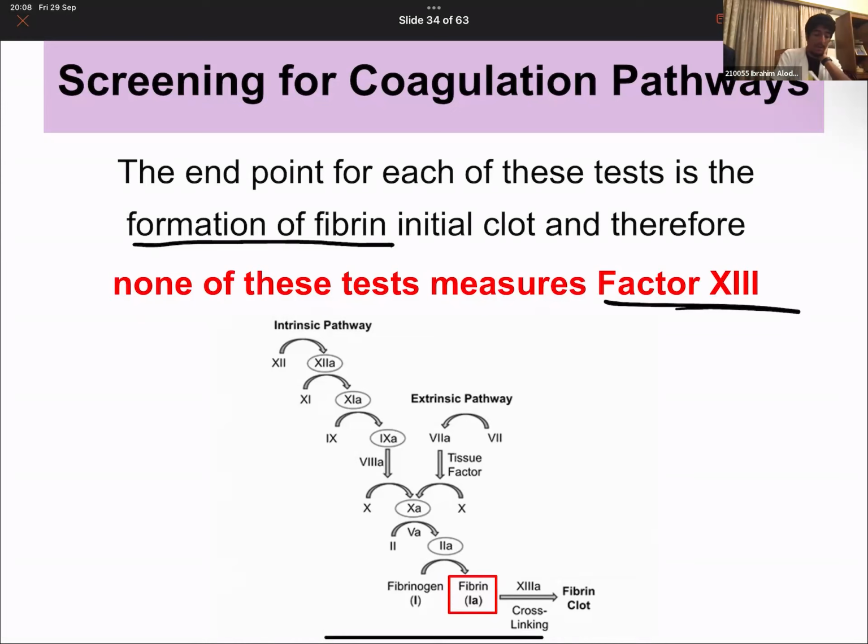Remember that factor 13, which is over here, doesn't act until the fibrin clot is formed. All of the tests we're about to talk about test up until here, and they do not test this part. So none of these tests are testing for factor 13.